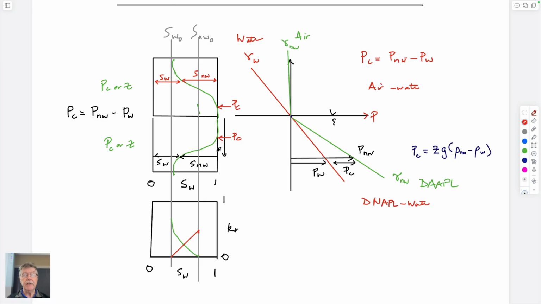And that means as you go down in depth, then these are the distributions of the saturation of the non-wetting, just like it was here. The only thing that's different is that the non-wetting is an NAPL, and the wetting is water.